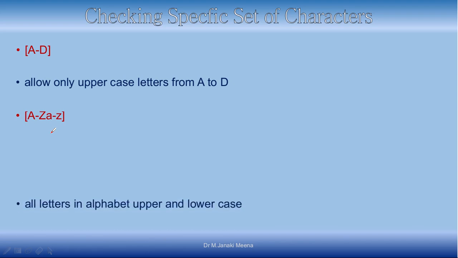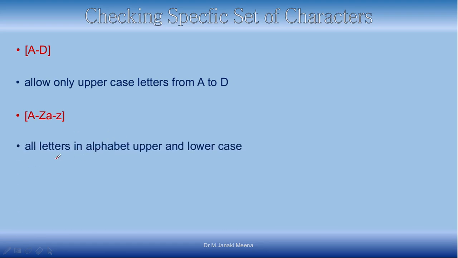When I give A hyphen D within square brackets, I will accept only letters from capital A to D. When I am giving like this, can you just think? Yes, you will have all letters in the alphabet, upper and lower cases. When you want to have all letters in the alphabet, both in upper and lower case, we will give like this, capital A to Z, continuously small a to small z.